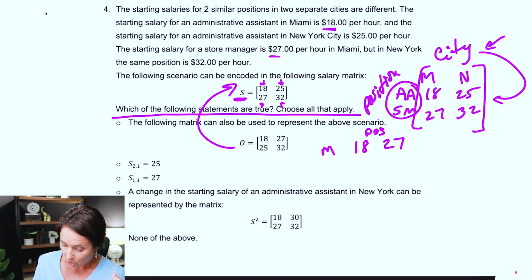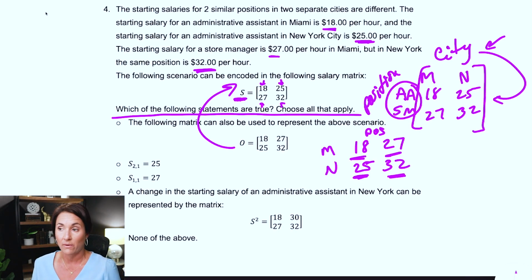And then we have 25 here, and then 32. So 25, admin assistant, and then 32 here. So this looks like it works. New York, starting salary for admin assistant is 25, and in Miami it's 18, and a store manager in Miami is 27, and in New York it's 32. So this matrix works out as well. I'm going to say yes to this particular one. I'm going to circle that or check it. All right.